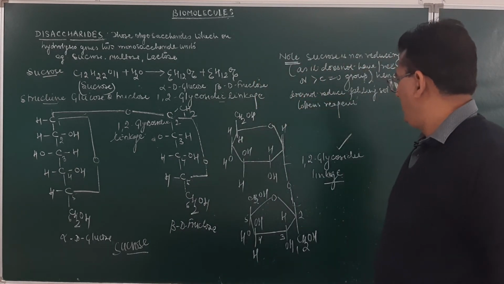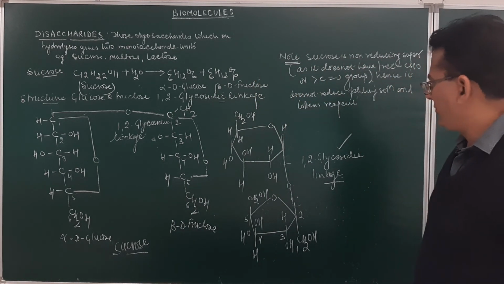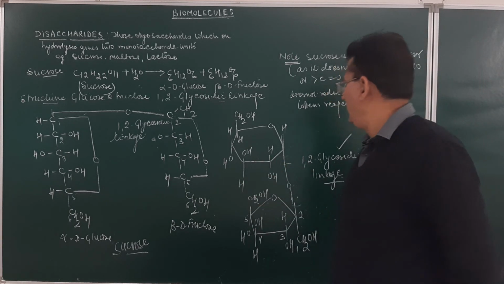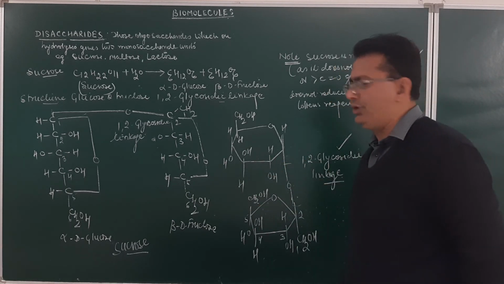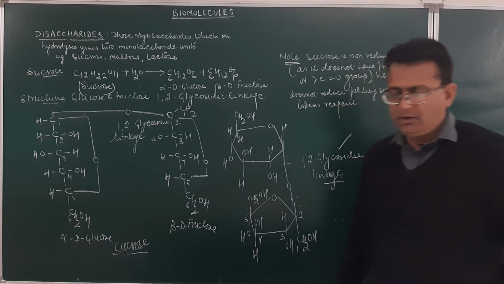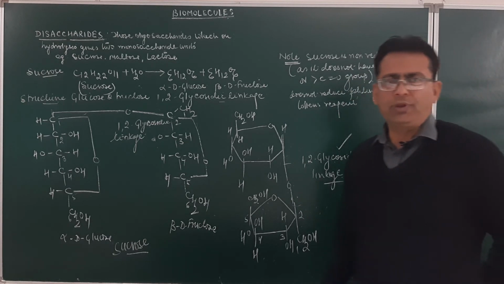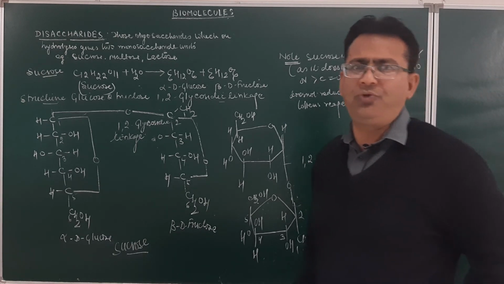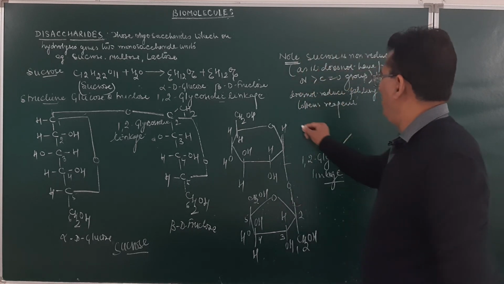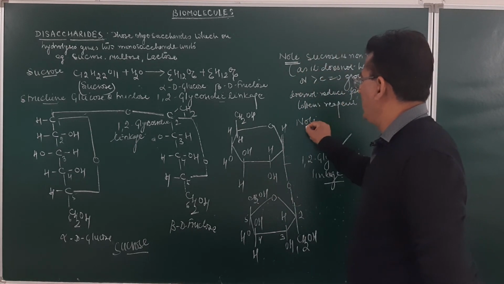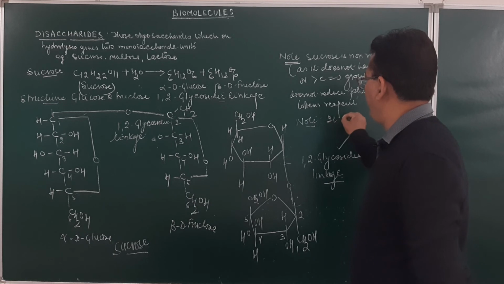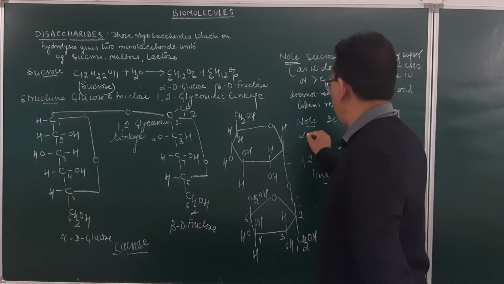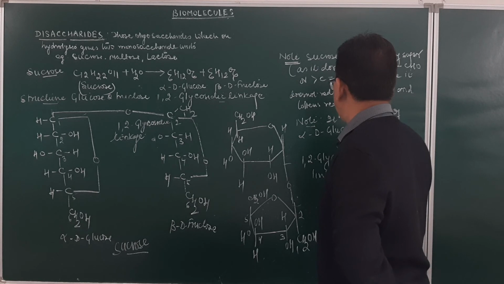Students, one thing I forgot to tell you. You may also say that its monomeric units are alpha dextroglucopyranose and beta dextrofructofuranose. So, as a note you may remember, it is composed of alpha dextroglucopyranose.